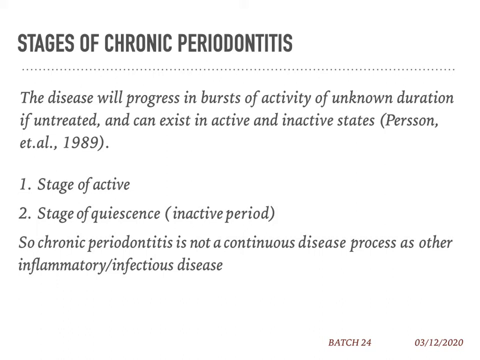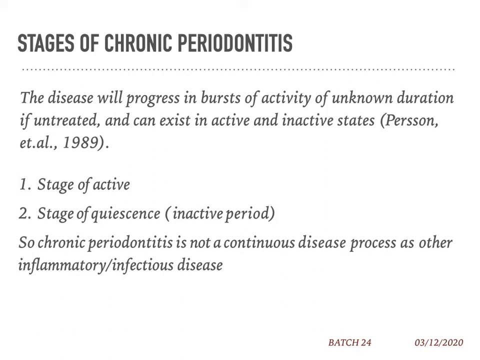During the active period there will be destruction. During the inactive period there will not be any destruction. But we don't know how long the active period will be and how long the inactive period will be. It may be a week, it may be a month, it may be years, the activity. And the inactivity the same way; the inactivity may be weeks, months or years.